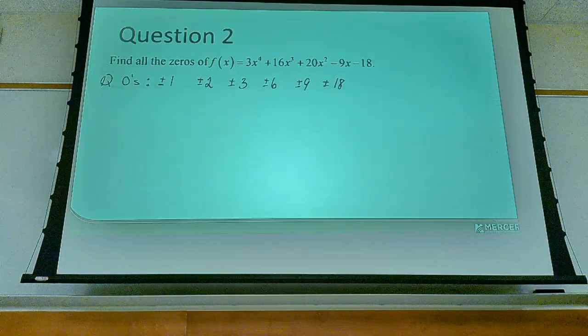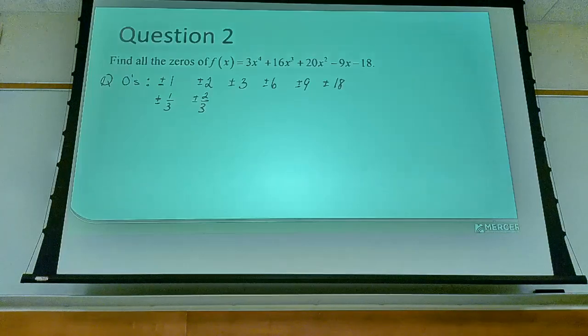So we could also have plus or minus a third, plus or minus 2/3. What's 3 over 3? 1, it's already listed. 6 over 3 is already listed. 9 over 3 is 3, already listed. 18 over 3 is 6, already listed. So no need to relist them. Those would be all of our possible rational zeros.